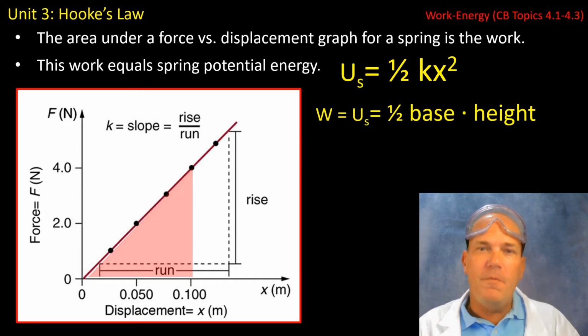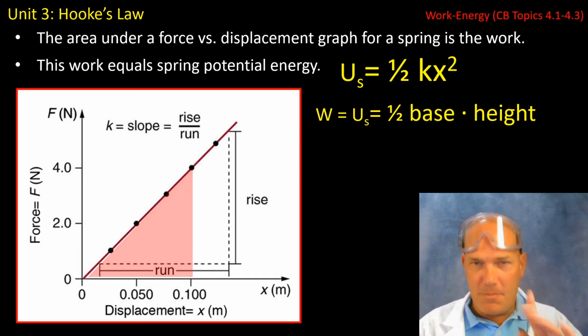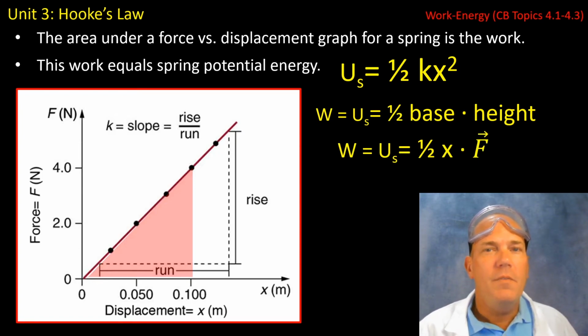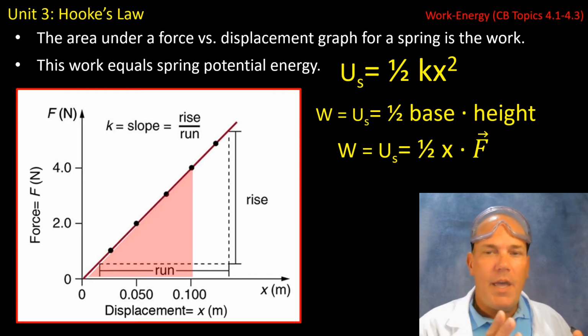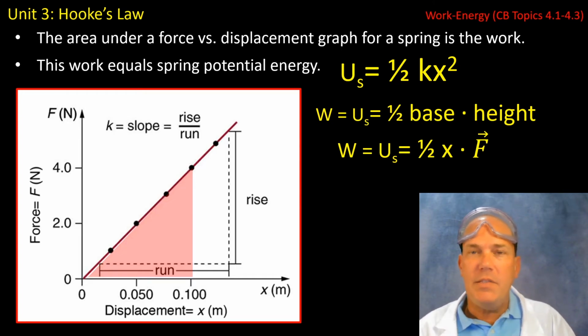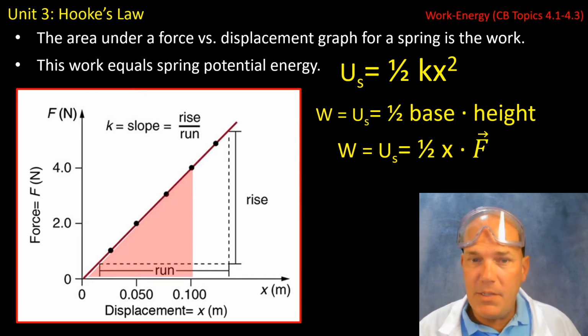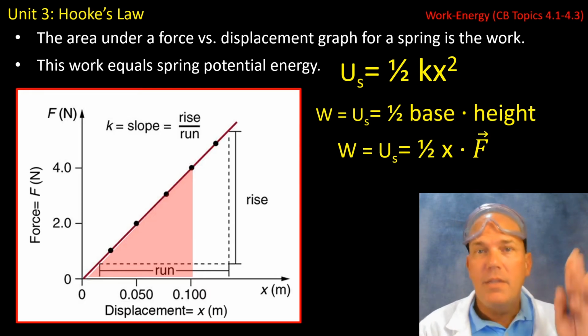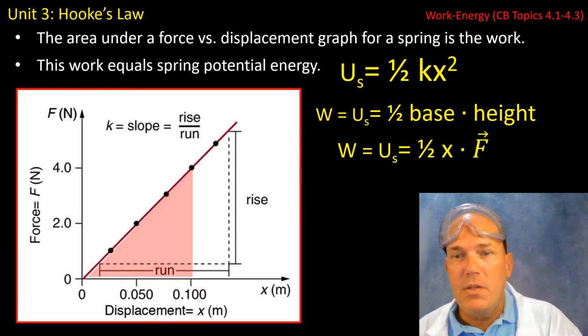Now, if we plug in some values here for the x and the y axis, we have 1/2 x, okay, that's the displacement or the base of our right angle triangle, multiplied by the height, which is force.